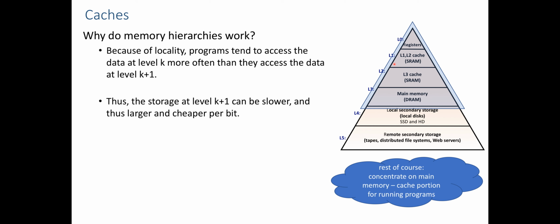In fact, we're going to think of all of these as the same thing. We're just going to call that cache, and treat each of these levels as the same thing.